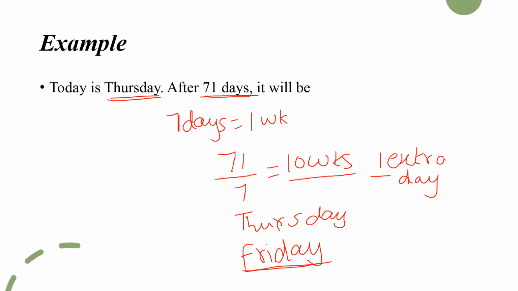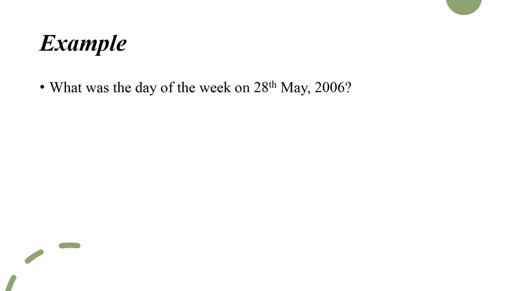In this problem, they ask us to find what the day of the week was on 28th May 2006. Here we have to apply the odd day concept. For the first 2000 years, the number of odd days will be 0, because if we divide 2000 by 400, it gives a remainder of 0.